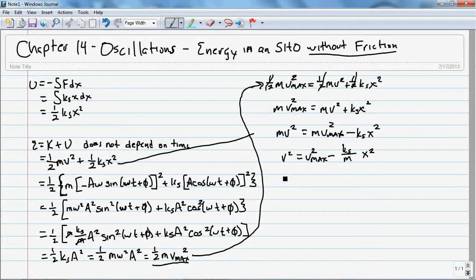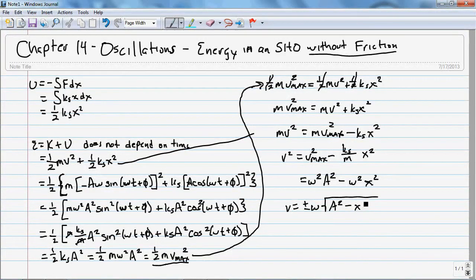V max squared is just omega squared a squared. Ks over m is just omega squared times x squared. And I can bring the omega squared out, and I can take the square root of everything. So V is going to equal plus or minus omega times the square root of a squared minus x squared.